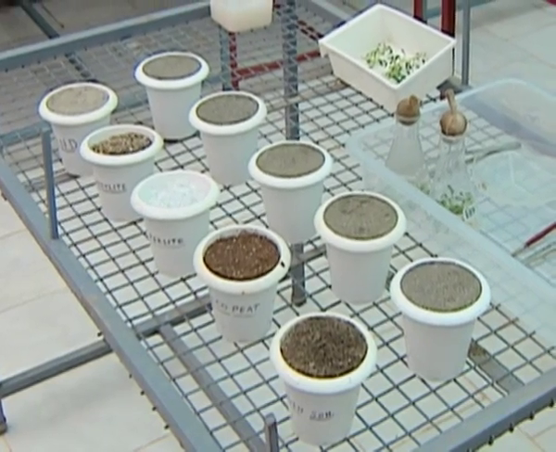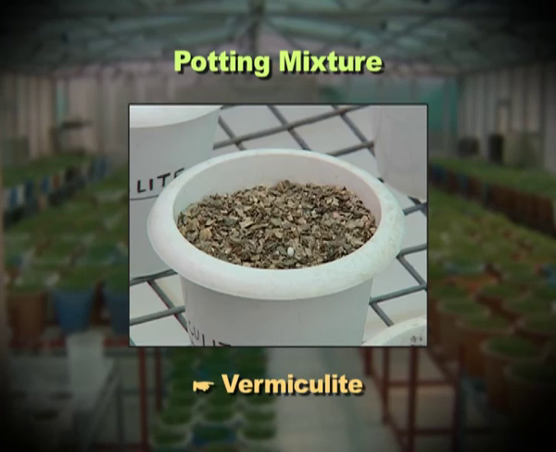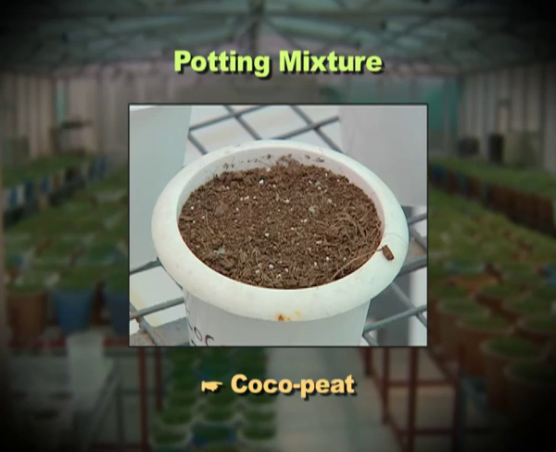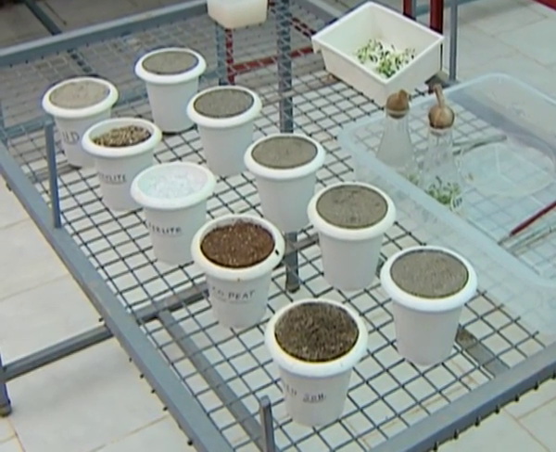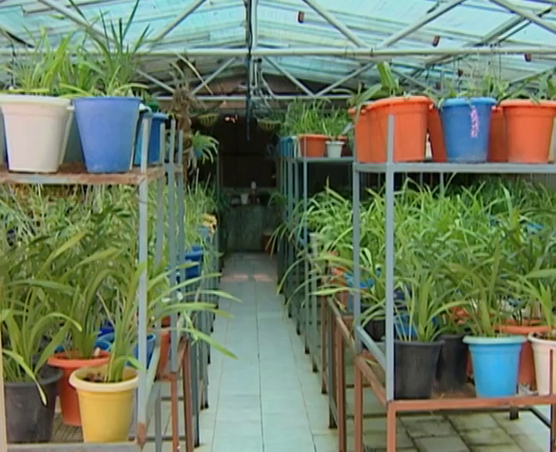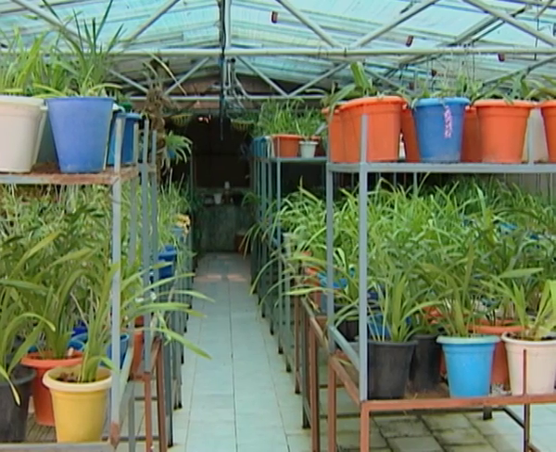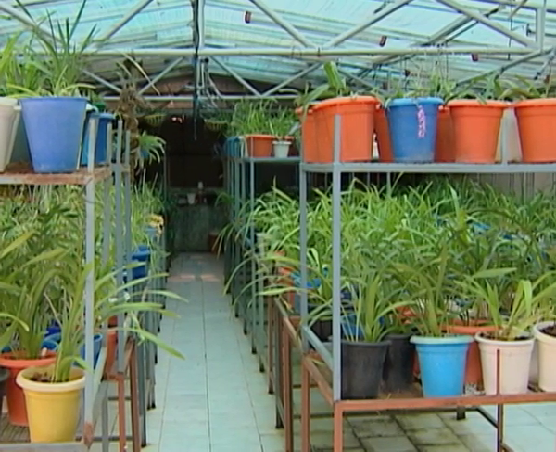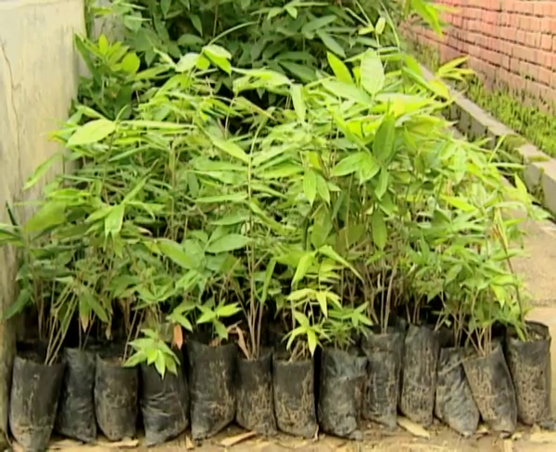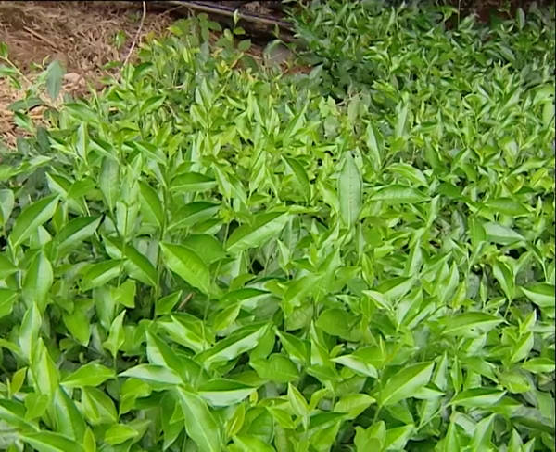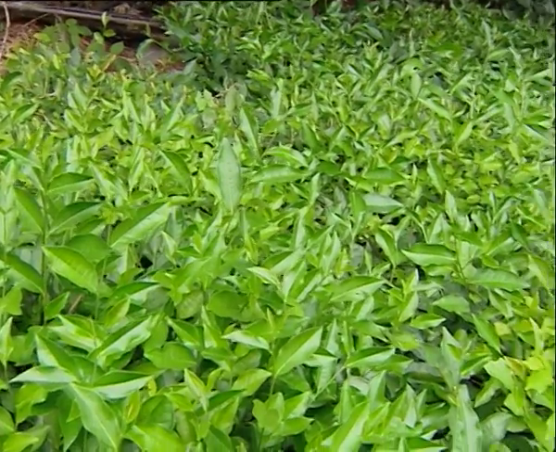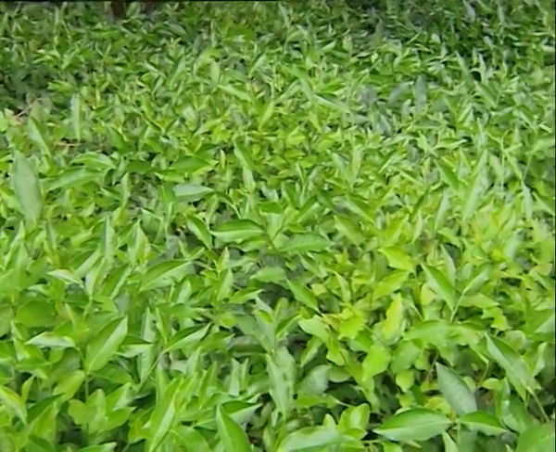Other media like soilrite, vermiculite, perlite, and coco peat can also be used for preparation of the potting mixture. After 45 to 60 days, these acclimatized plantlets can be shifted to the outdoor conditions. These plants are now ready for the harsh conditions effectively with very low mortality.